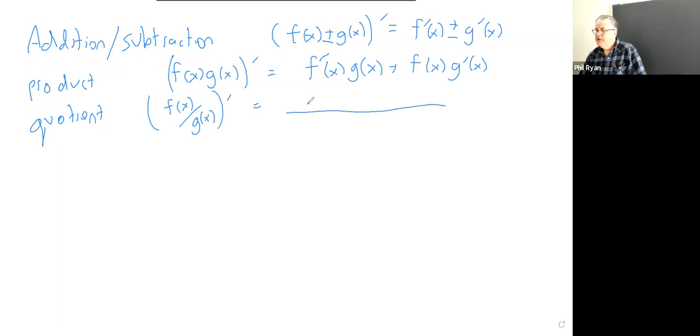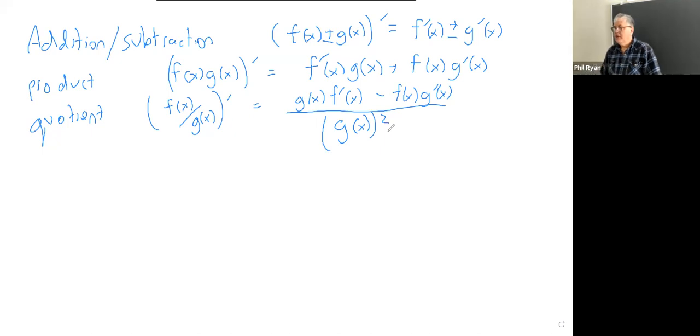And remember that was low d high minus high d low. And then we've got to square the bottom. So we can do any kind of arithmetic that you do to create a function. You know how to do the pieces.